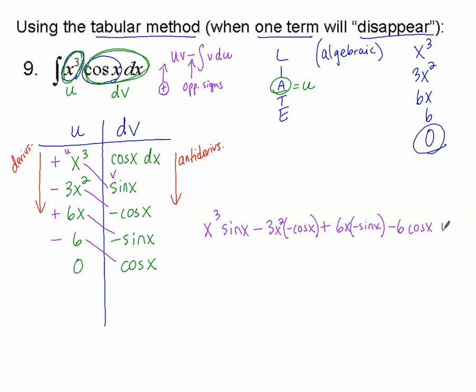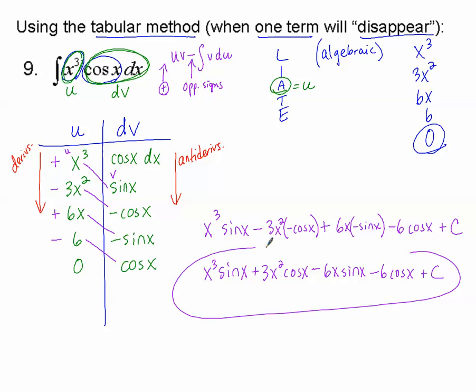We're done integrating, so we write plus c. Now we can clean this up a bit, so let's go ahead and do it. X cubed sine x plus 3x squared cosine x minus 6x sine x minus 6 cosine x plus c. And in one fell swoop, done!